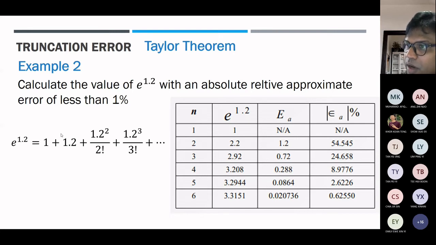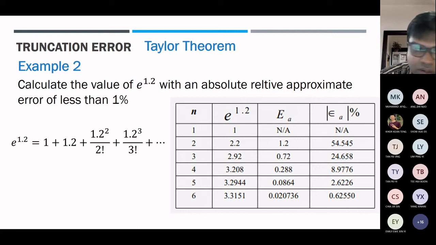The n stands for the number of terms: term 1, term 2, term 3, term 6, and so on. The exponent 1 per 2 is the exact value, so we just get the value from there in the given function, and this is an approximation value.